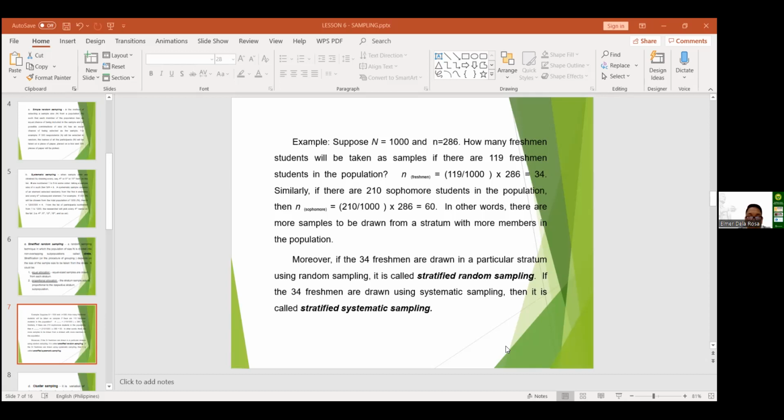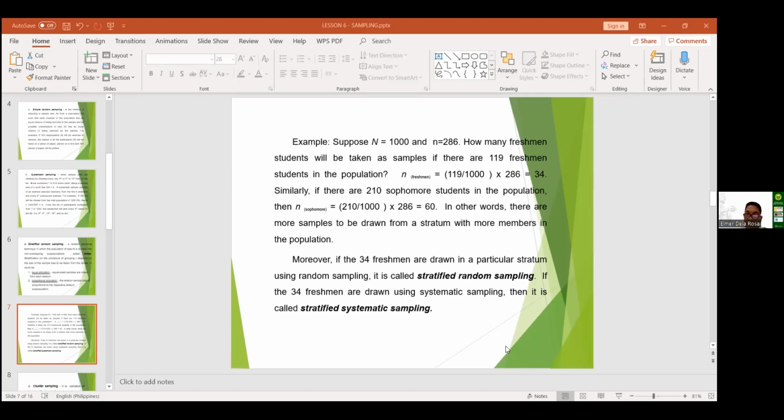So nagsisystematic sampling ako, pero nag-stratify muna ako. Ang tawag doon na stratified systematic sampling. So I'll do that also for sophomore, for the junior, and for the senior students. So the first step is I stratified it using either equal allocation or proportional. And then, paano ko pipiliin yung proportion na yon? Either stratified random or stratified systematic sampling.